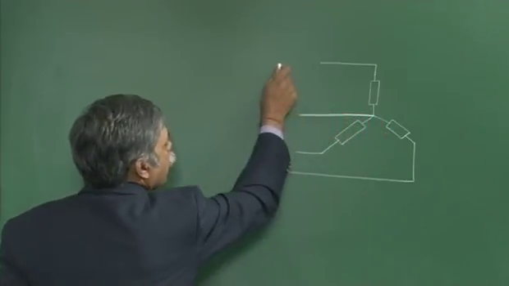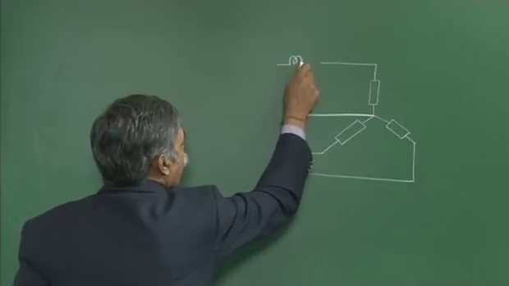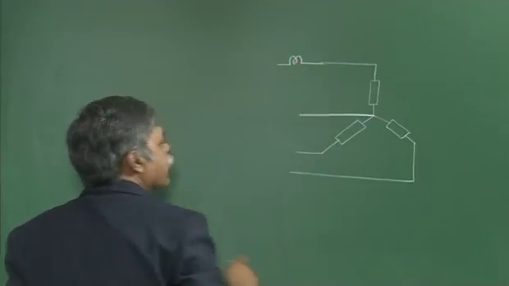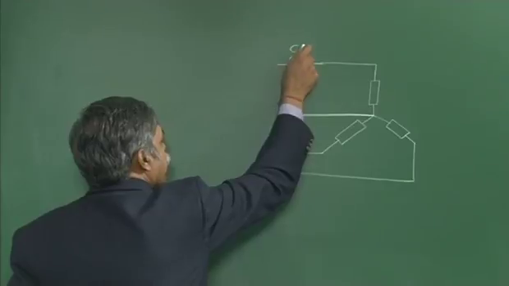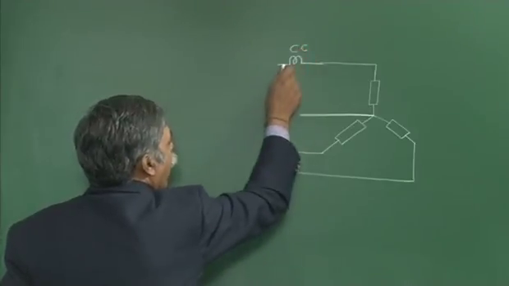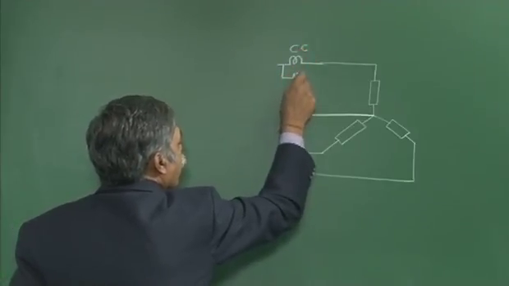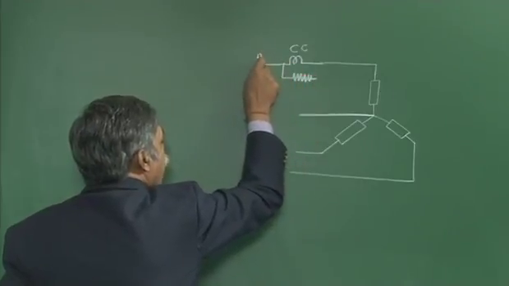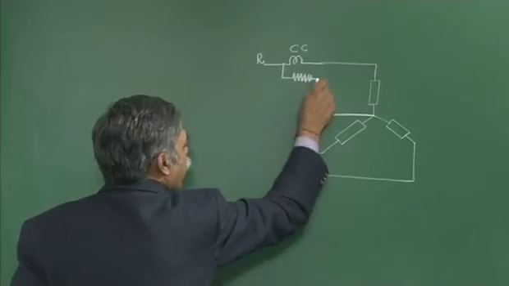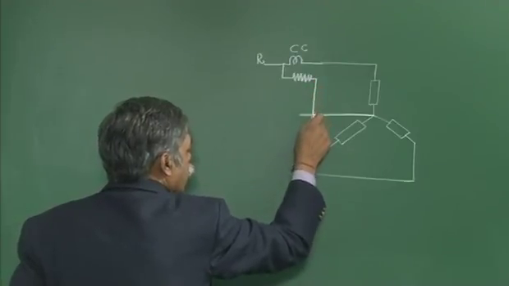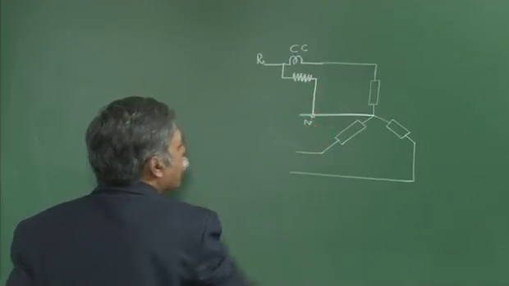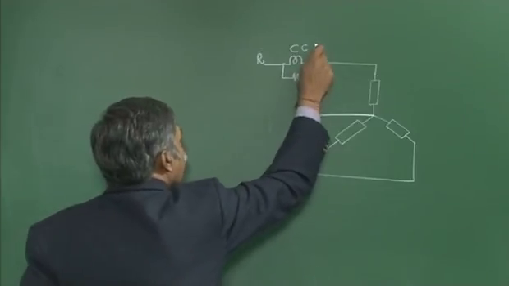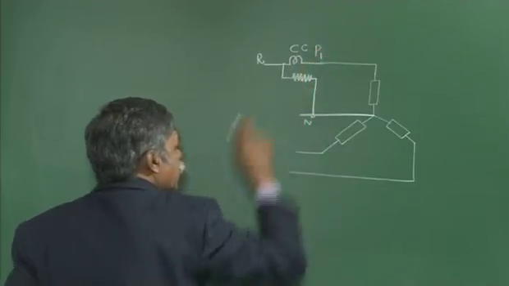So I will be connecting the current coil of the wattmeter in series with the line. I will write this as CC, current coil, and the potential coil will be connected in parallel with the line. If it is R, I will be connecting it to the neutral, this is N. So this wattmeter will give us a reading of say P1.